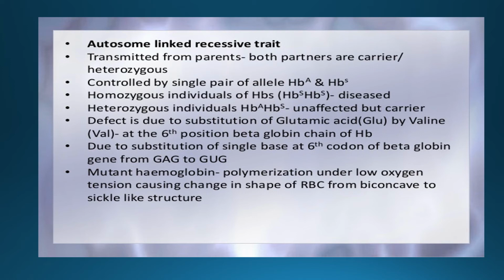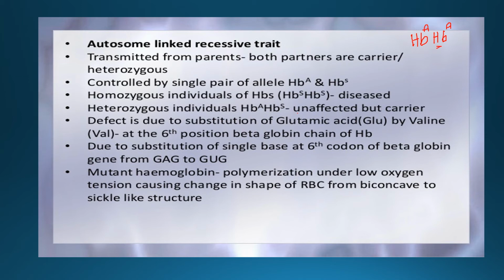Now here we can see the three types of genotypes if the person has a mutation in the hemoglobin gene. Normally the hemoglobin is represented by HbA and HbA, the normal hemoglobin present in both alleles.